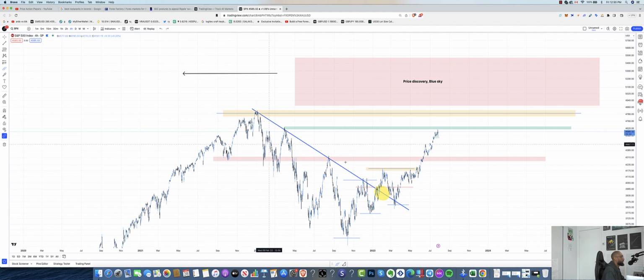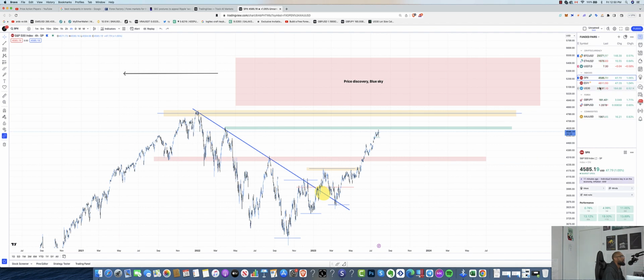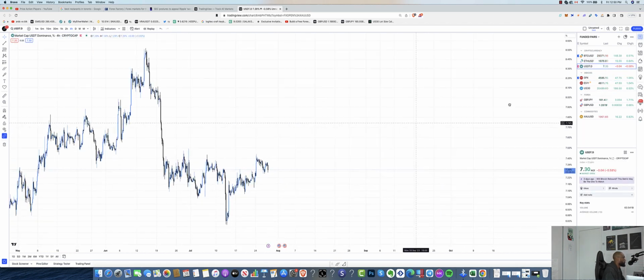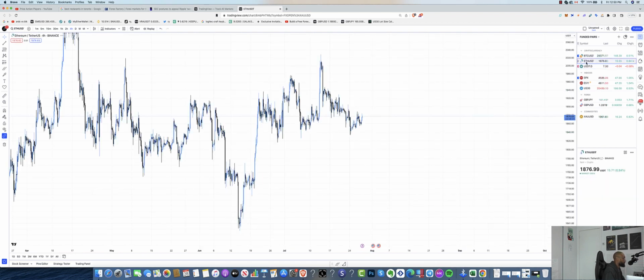The price is going to head higher, and then when we get into price discovery, we're going to have exponential growth again, right? So keep this in mind, guys, as you are trading, as you're watching the markets. Even if you don't have any funds to trade at the moment, it's always good to know what's going on, so when you do have money, you know where to put it, right?